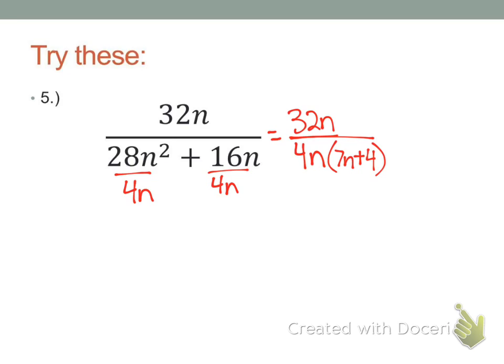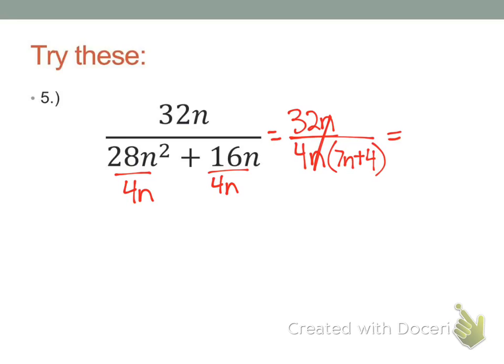Now what's going to cancel out or reduce? I think Danielle said it. The 32n and the 4n can cancel or reduce with each other because they're not inside parentheses. They're not attached to anything else. The n's cancel each other out completely because they match top and bottom. If we were to simplify 32 over 4 as a fraction, what would the 32 turn into?